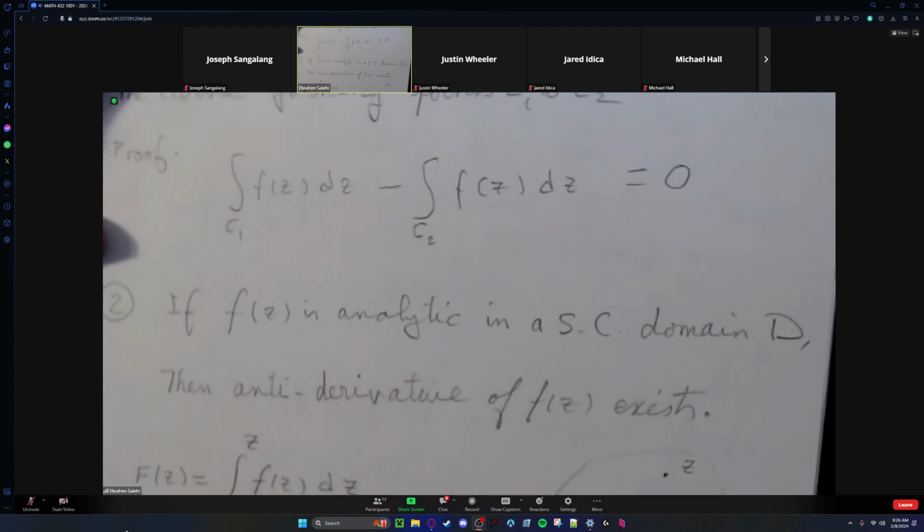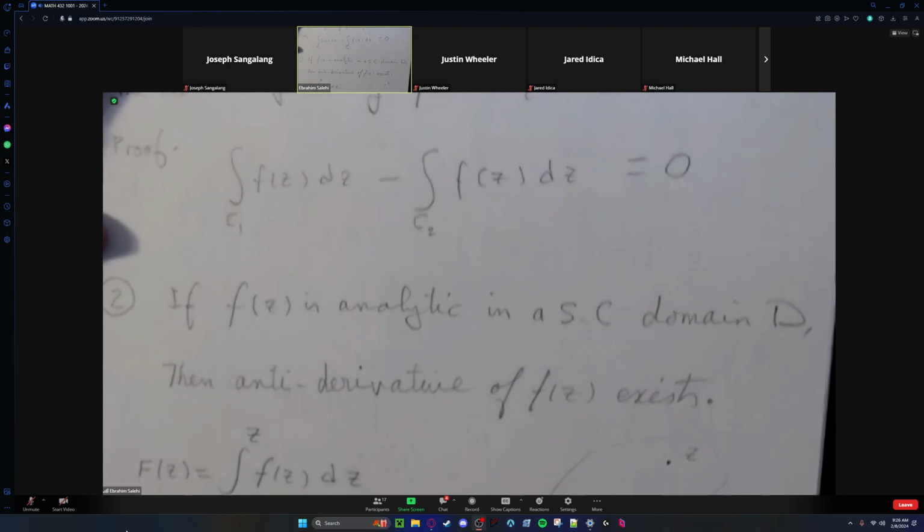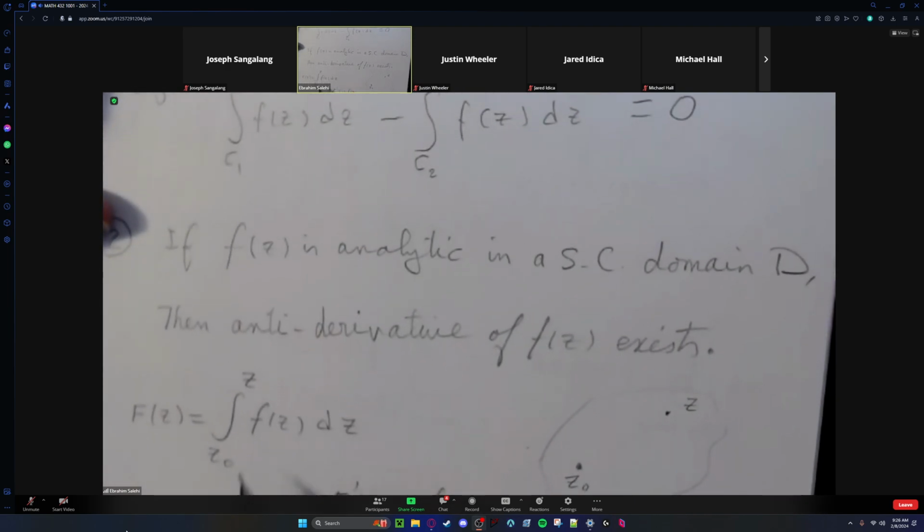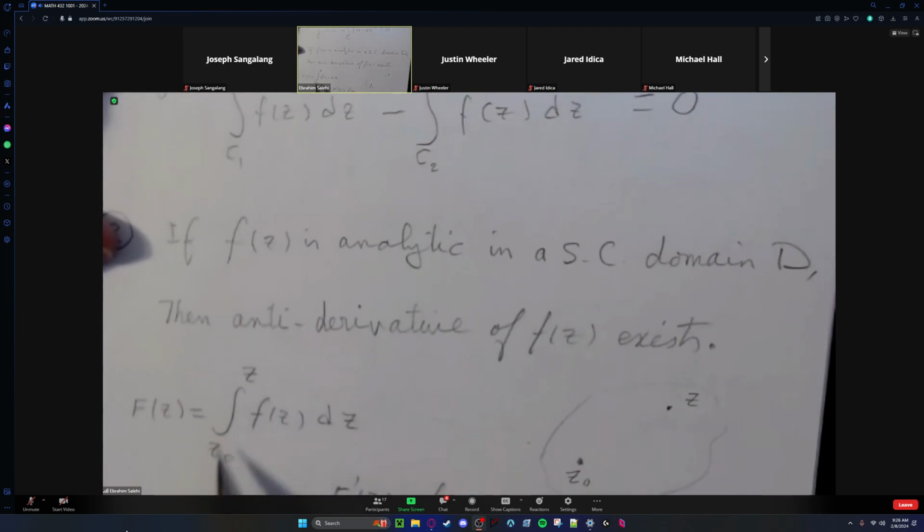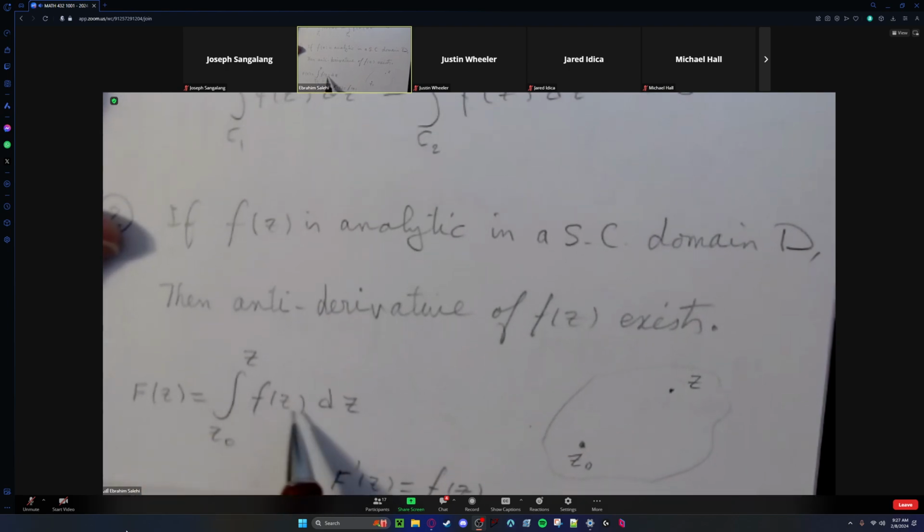if you define the function from z naught to z, f of z dz, since this function is analytic, the value doesn't depend on the particular curve you choose. But interestingly enough, this is a nice function defined in terms of integration, fine.